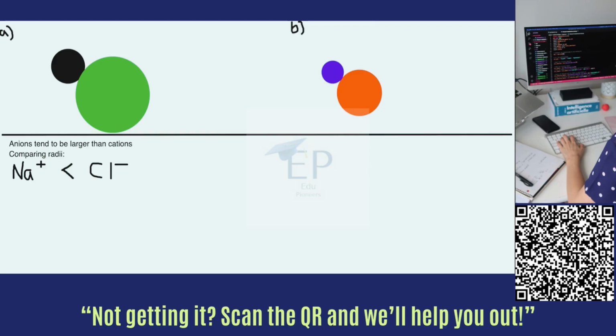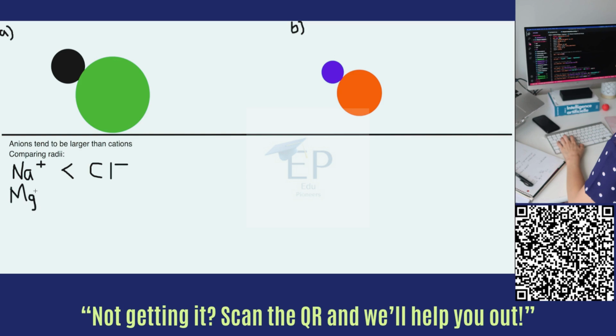Recall that when a cation is formed, electrons are being taken away. So when sodium loses its electron, it ends up having 2 energy levels instead of 3. In contrast, chlorine has 3 energy levels originally, and when it gains an electron, it still has 3 energy levels.